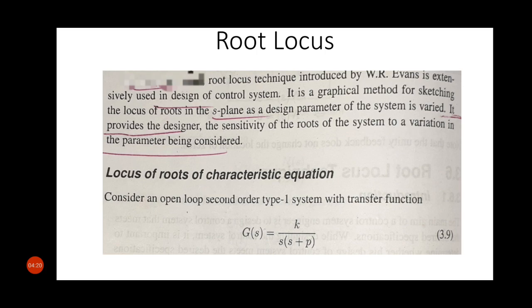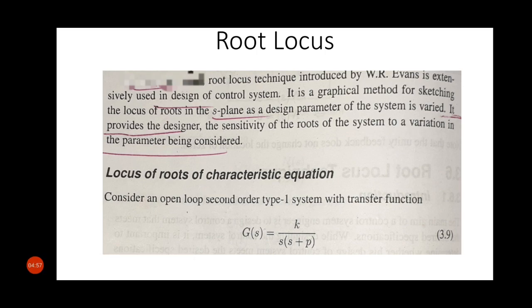The root locus technique, introduced by W. R. Evans, is extensively used in the design of control systems. It is a graphical method for sketching the locus of roots in the s-plane as a design parameter of the system is varied. It provides the designer the sensitivity of the roots of the system to a variation in the parameter being considered.